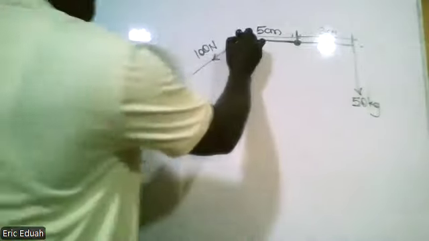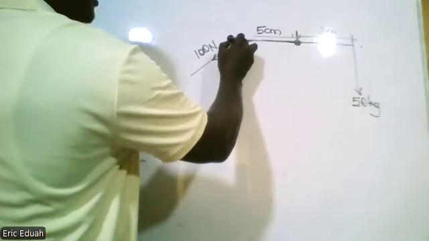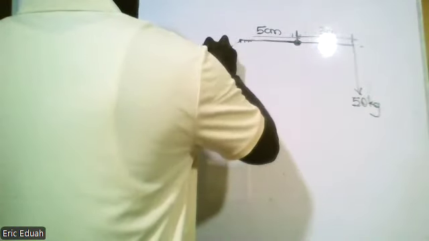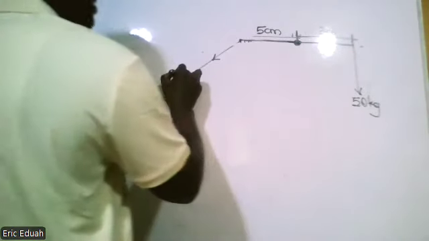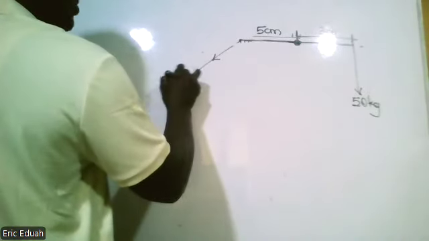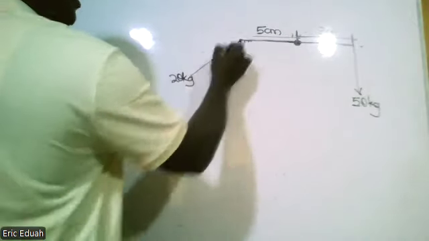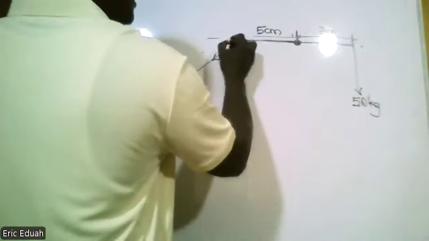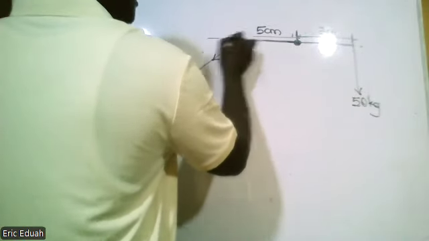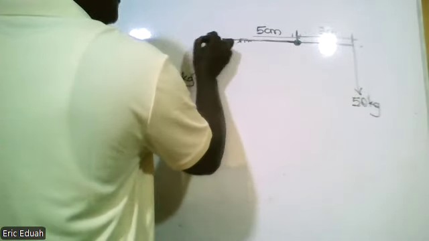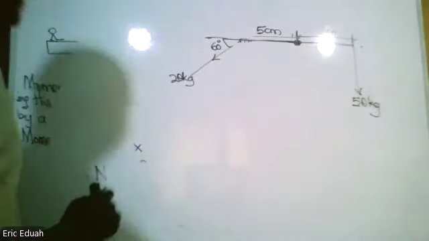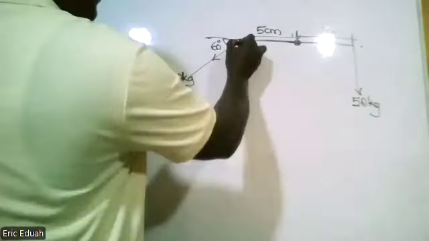Then we have another force. This one is here. This is 50. This is 20 kilogram acting at an angle of 60 degree. It's just a modification of 60. Then we have another one acting here.